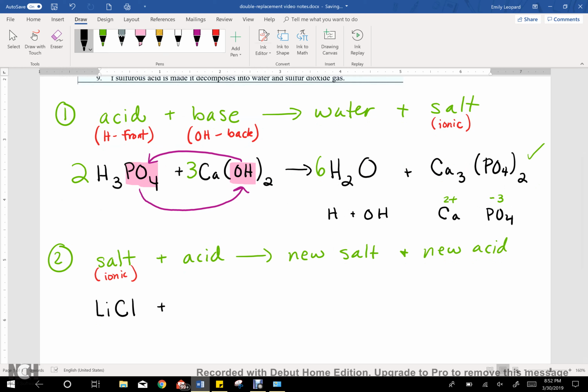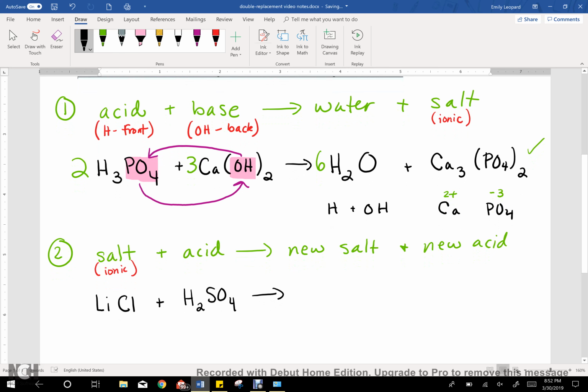Actually, I'm going to change it up. Let's say it's lithium carbonate. No, I'm going to go with lithium chloride, and I'll do a second example in a second. Okay, and let's say that our acid is sulfuric acid today.